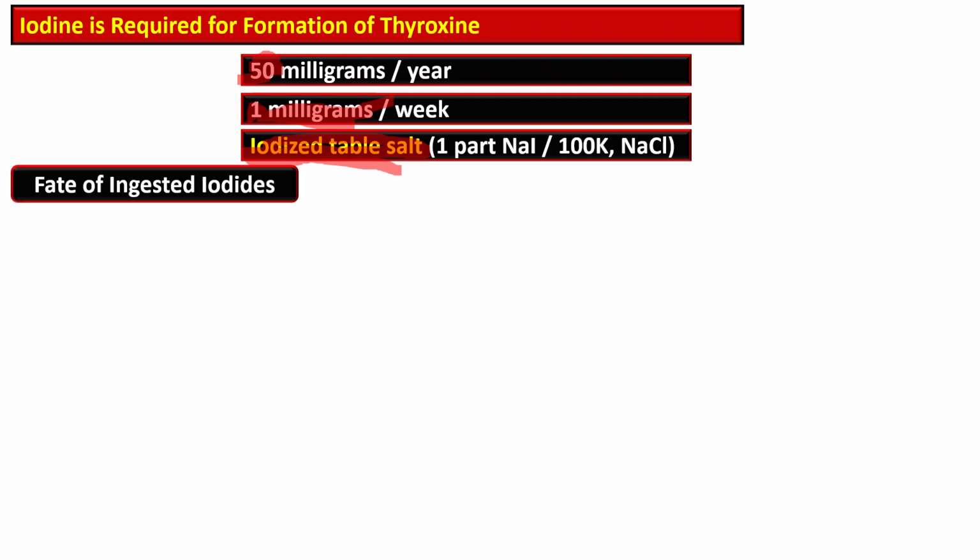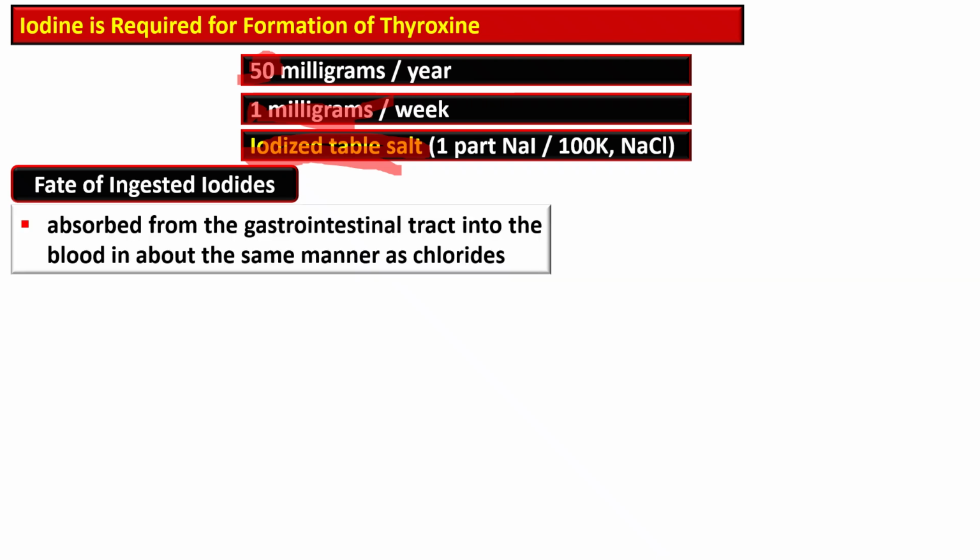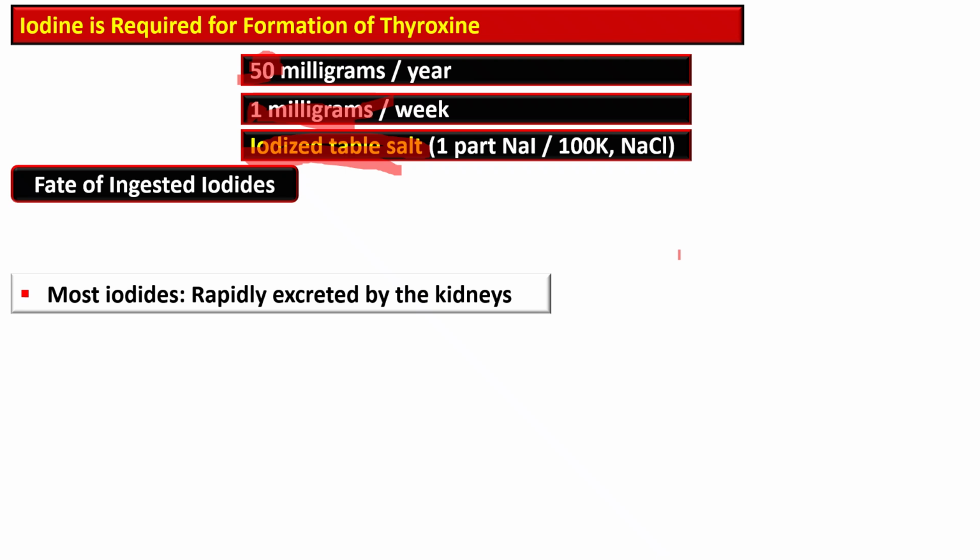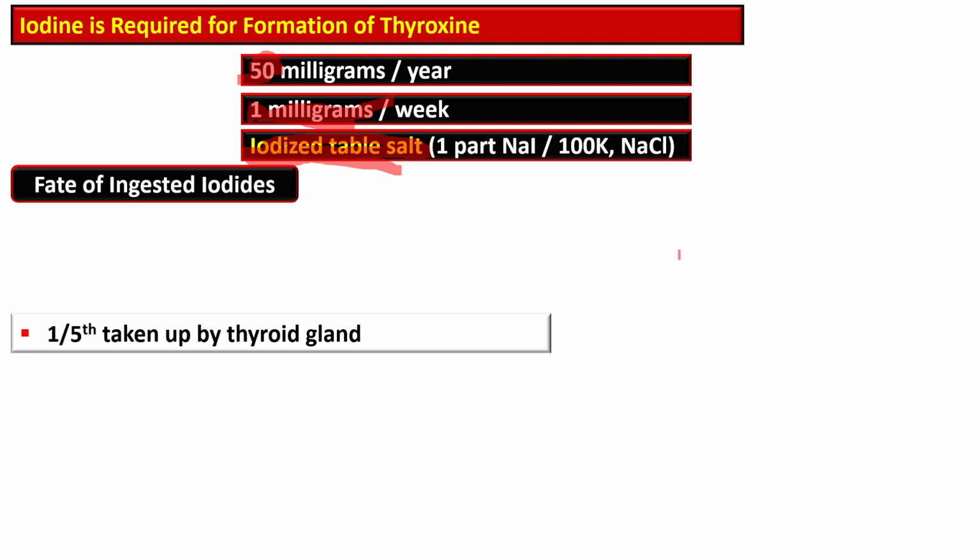Then what is the fate of this ingested iodide? It is absorbed from the gastrointestinal tract like chloride, and is distributed in the same manner into the body. About 20% of the iodide is taken up by the thyroid gland for hormone synthesis, while 80% is excreted via the kidney.